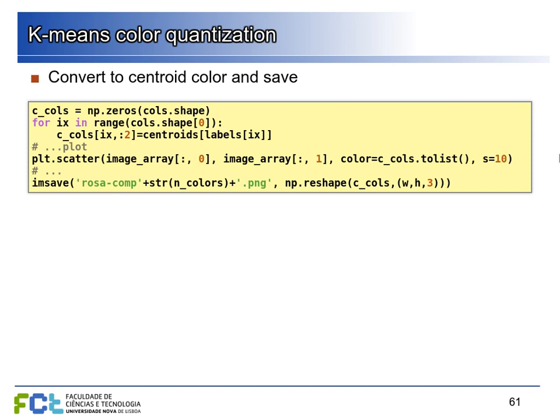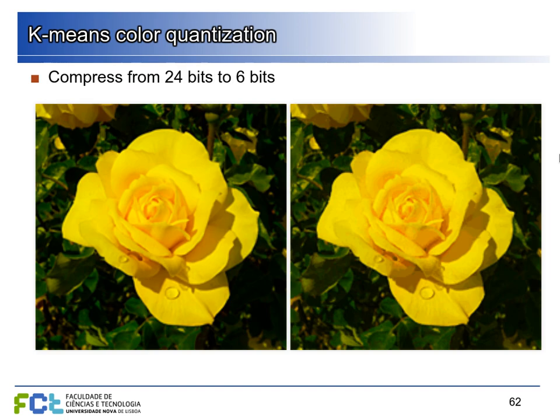For each of these, we find the label. Using the label, we get the centroid values, and since the centroids are coordinates in red and green color space, we simply assign that to the color. So each of our pixels will get the color corresponding to the centroid that is close to it. And so this is what happens.